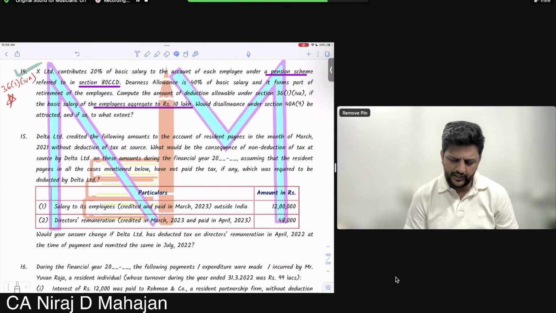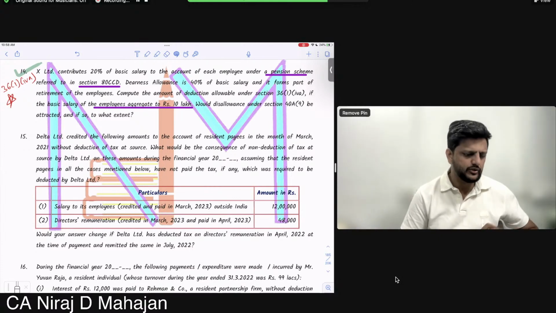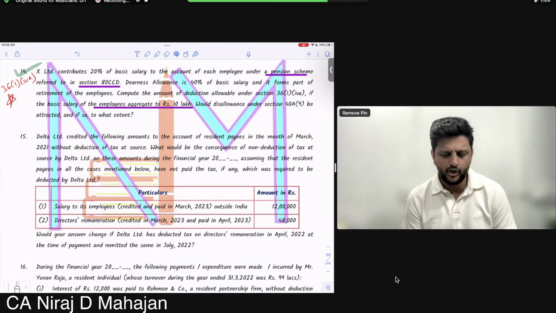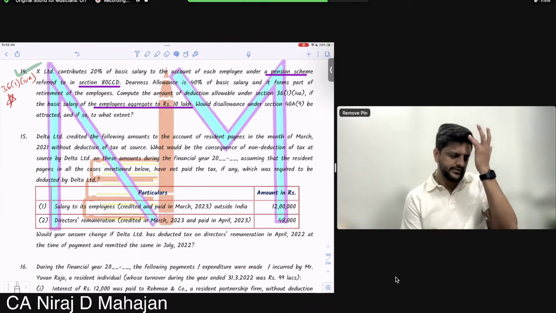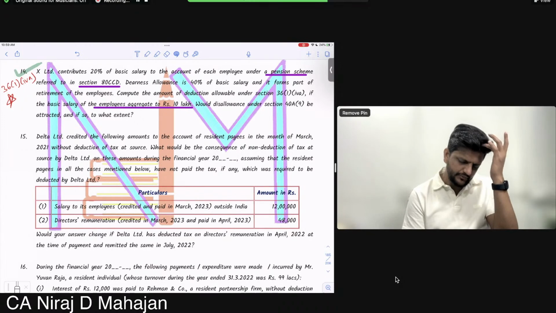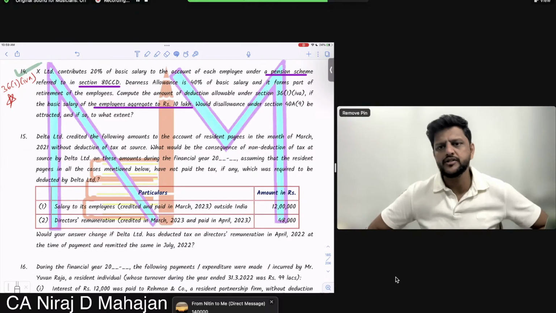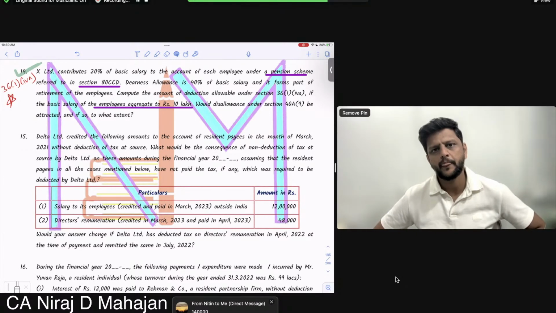Would disallowance under section 40A(9) be attributed and if so, to what extent? Simple question, I think you can do it mentally also. Basic is 10 lakhs. So basic plus DA is how much? DA forming part of retirement benefits is 40%, so it completely forms part. So 14 lakhs. Of that, 10% is 1.4 lakhs.